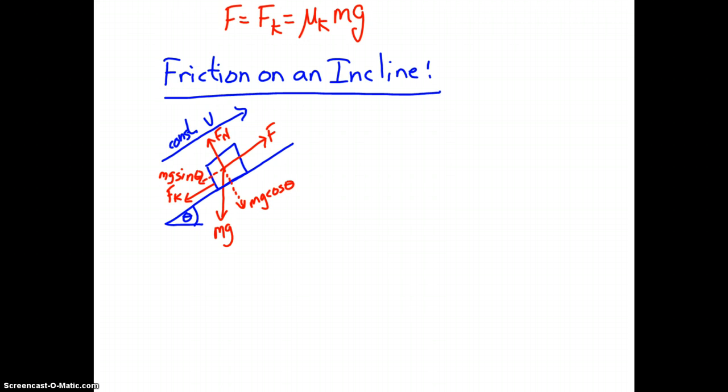Once again, let's summate forces perpendicular to the incline. Okay. Is this object accelerating perpendicular to the incline? The answer is no. It's not accelerating down against the incline or up away from the incline.